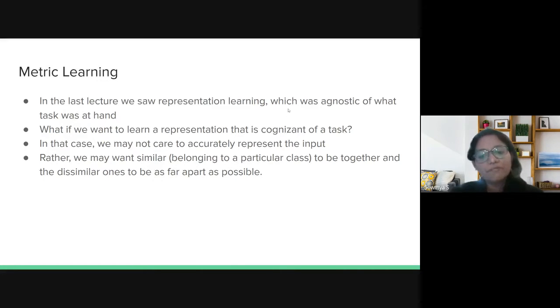So let's find a representation that is vectorial and is cognizant of a task. So here we don't actually care how accurately we represent the input, but especially in supervised metric learning, what we want to do is that if they belong to a particular class, the vectorial representation should be similar, and if they don't, then they should be dissimilar.